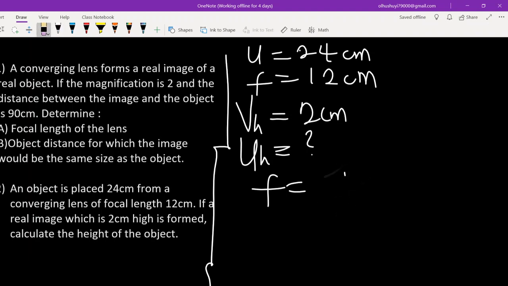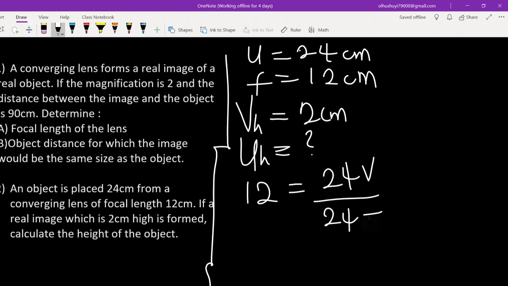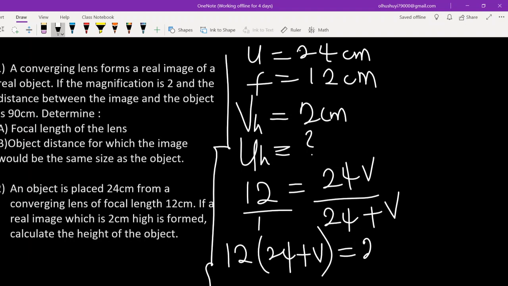Our focal length is given as 12, so 12 should be equal to 24 times V upon 24 plus V. On cross multiplication, you have 12 open bracket 24 plus V, which should be equal to 24V.